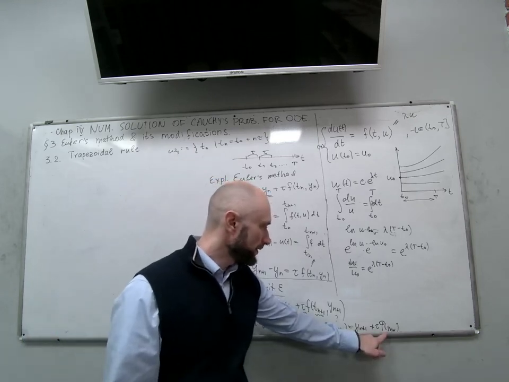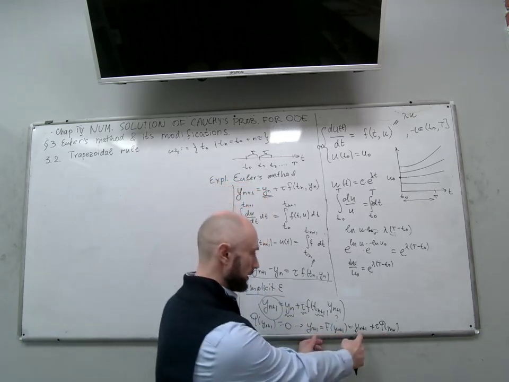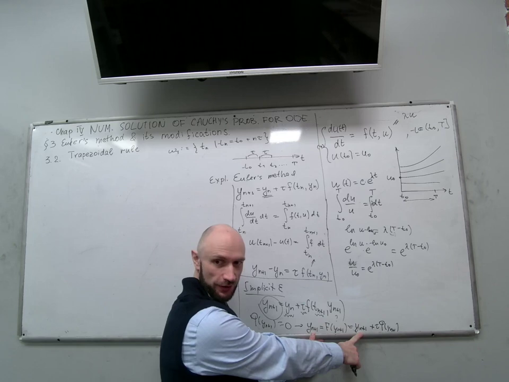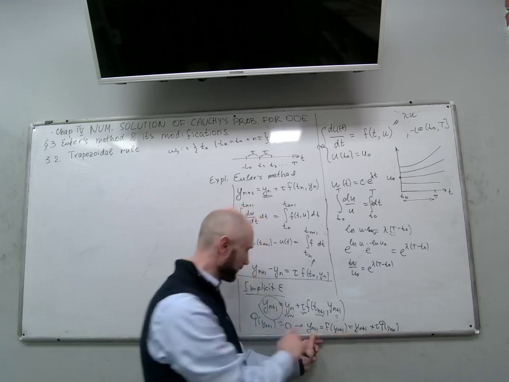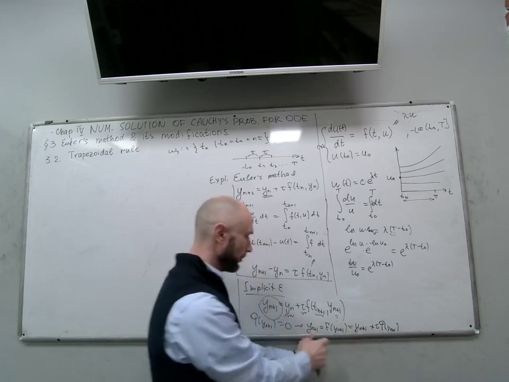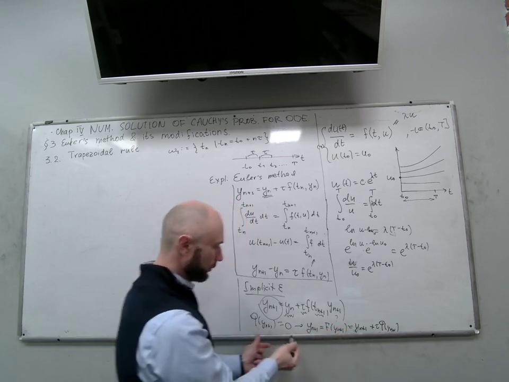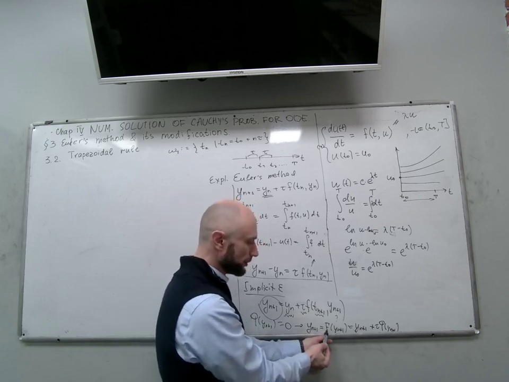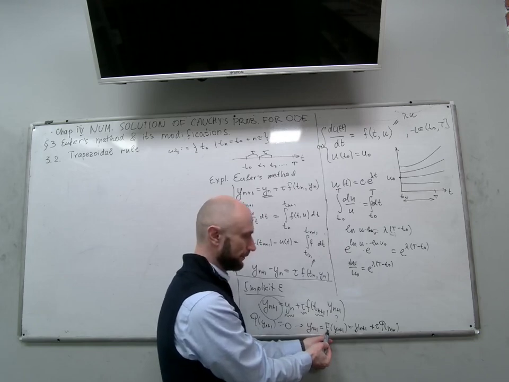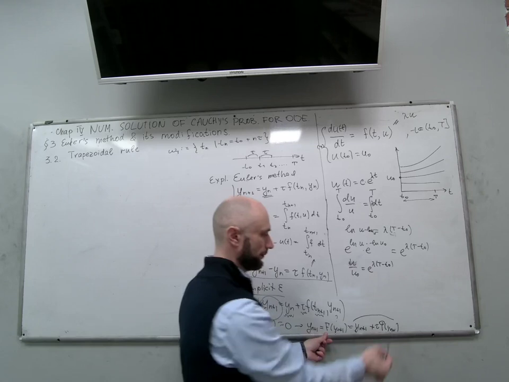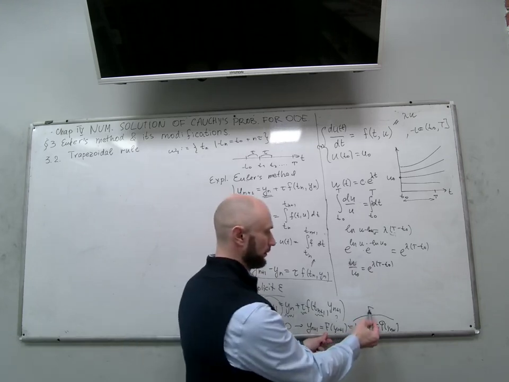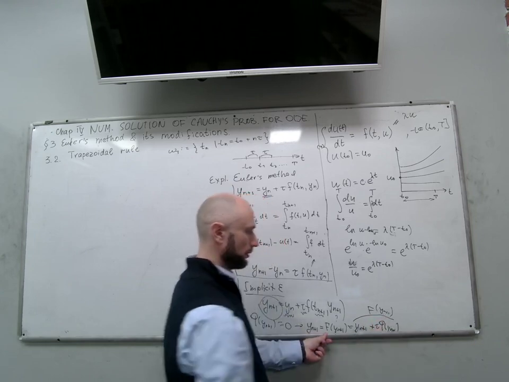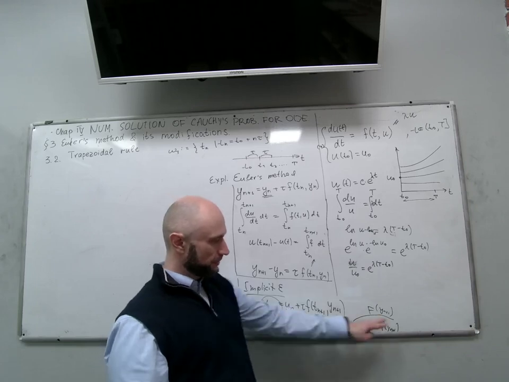If this guy is 0, we get the right equality, right? And we want this guy to be 0. So this formulation is equivalent to this formulation, and then our unknown solution is a stationary point for this operator f. I call this formula f, it is f of yn plus 1. Okay, the new operator f is just this formula.